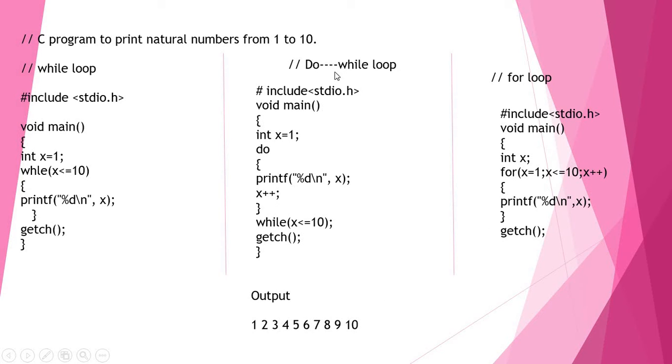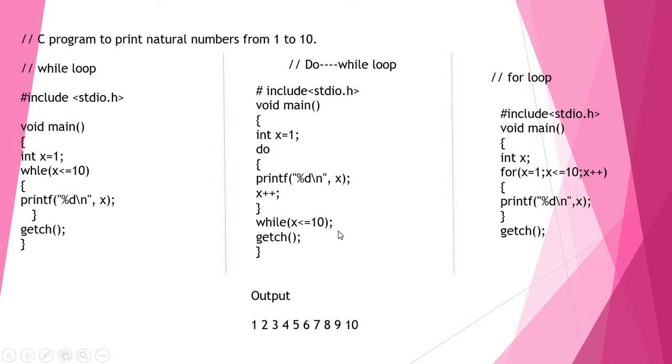Next, with the help of do while, this program is divided into two parts, do as well as while. Within the do, you put the things you want to perform, that is printing the x value as well as incrementing x one by one.